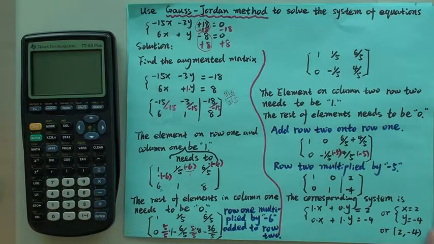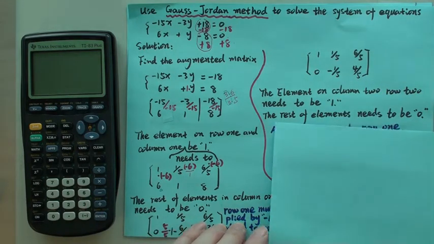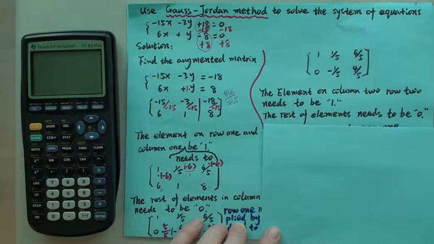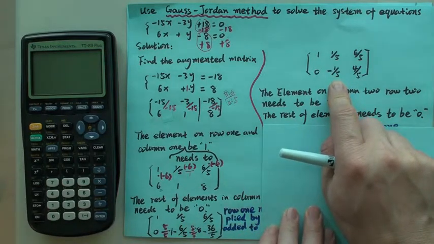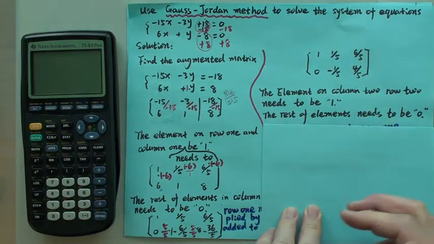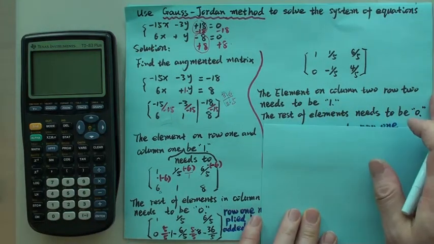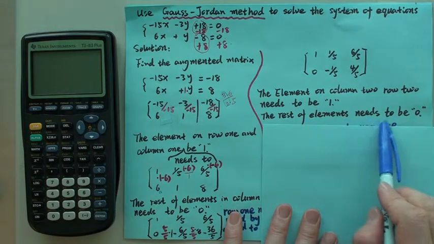Okay. Now, what we get is the new one. Then we do the same thing with this element. The element on column 2, row 2, needs to be 1. The rest of the elements need to be 0.